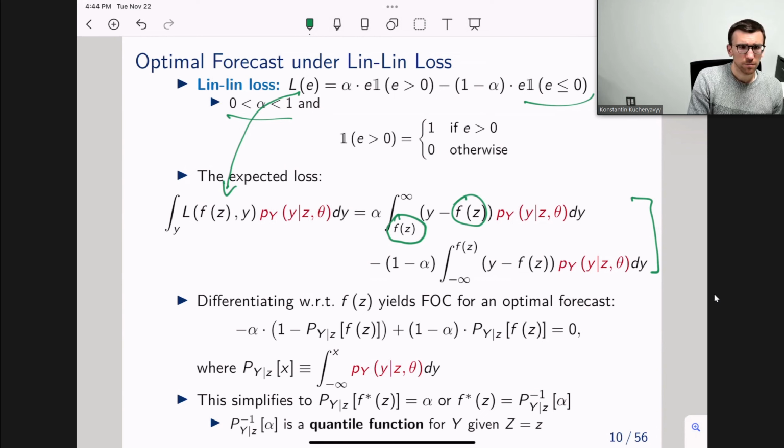Then this differentiation, you can check it yourself, results in this rule very straightforwardly. In this condition, where p of y conditional on z is defined as this, it is basically the mass of y's up to x.